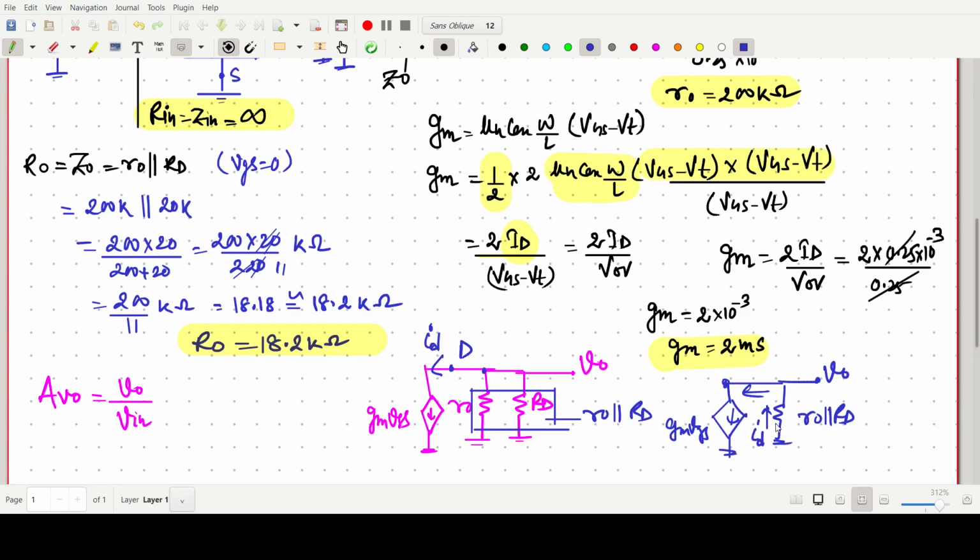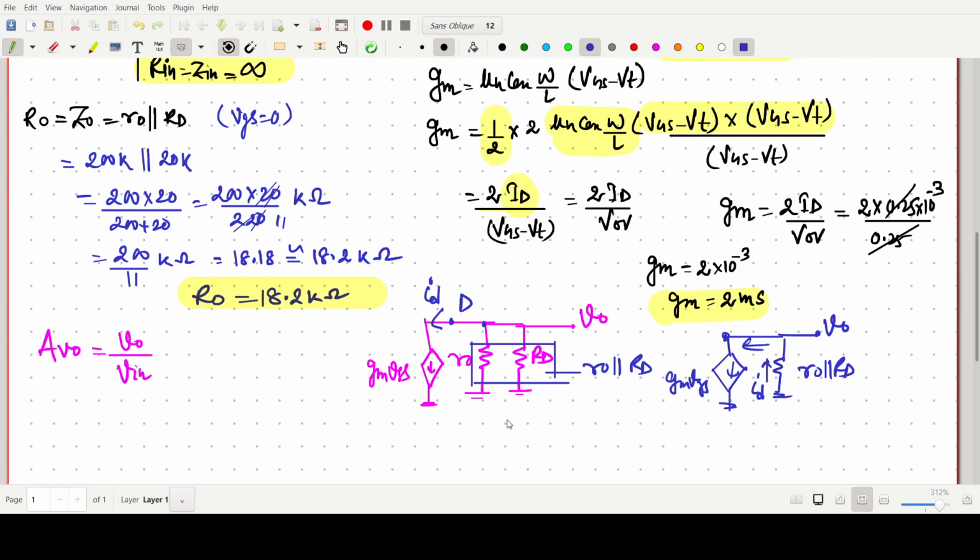So this ID we can directly write very simply. ID equals 0 minus V0 by, because this one is resistance, 0 volt, V0 volt, and some current is going, that is our gm VGS. So 0 minus V0 by r0 parallel with RD.